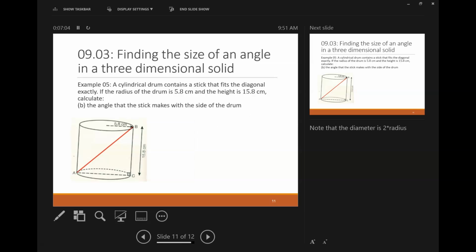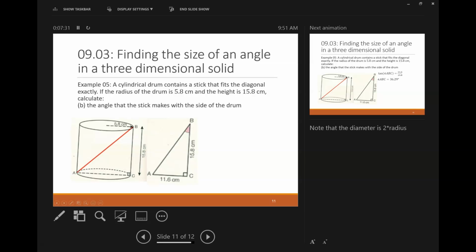And then if I wanted the angle that the stick makes with the side of the drum, which angle am I looking for? I want ABC, right? I want this angle up here. Everybody agree that that's the angle the stick is making with the side of the drum?